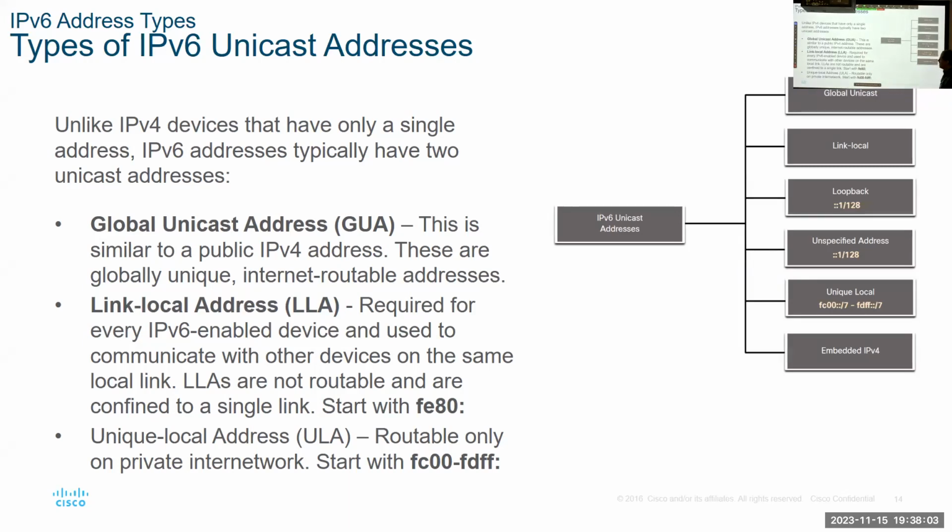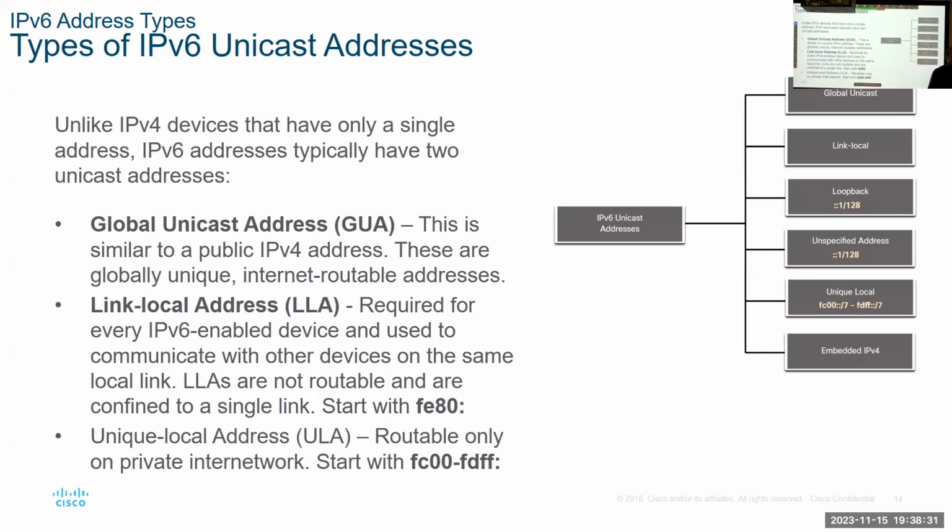They always start with FE80. We did hear link local address in IPv4, but it has a very different function in IPv6. It is actually used for most communication within a LAN.